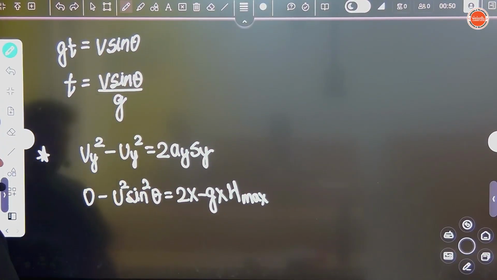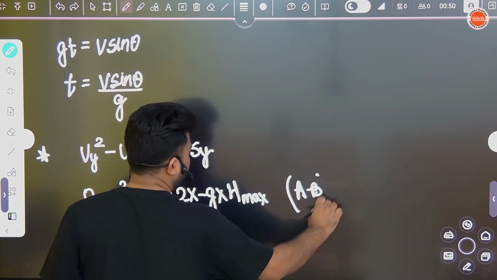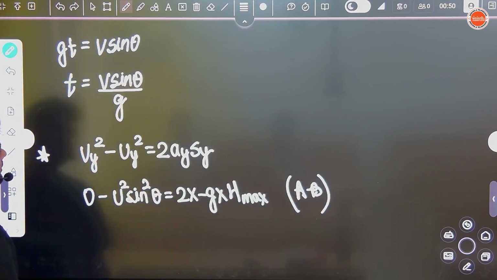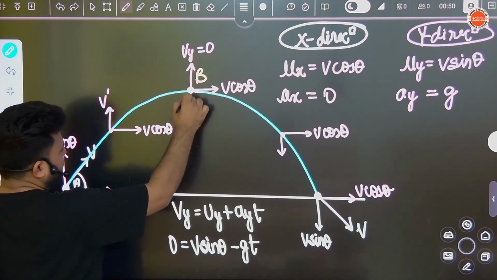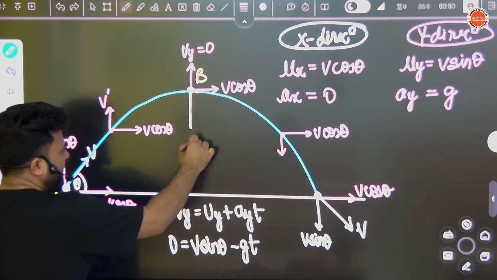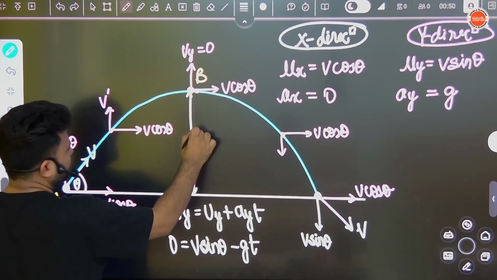We are talking about the A to B journey. So what is the displacement in y direction? See now, in y direction how much it got displaced. So this is H max.